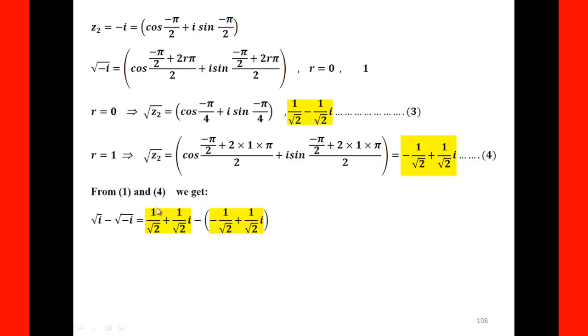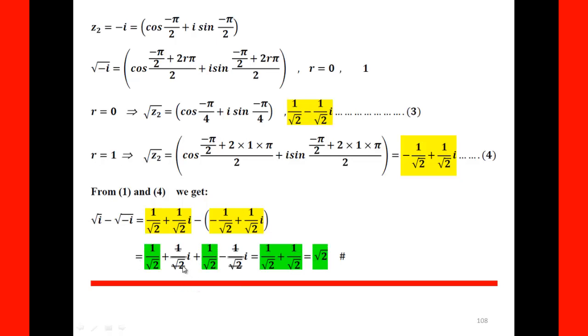From 1 and 4, by substituting, root i equals 1 over root 2 plus 1 over root 2 i, minus the fourth root, which is negative 1 over root 2 plus 1 over root 2 i.